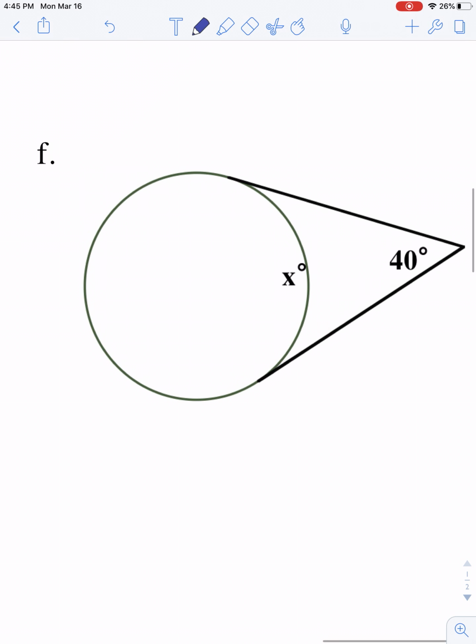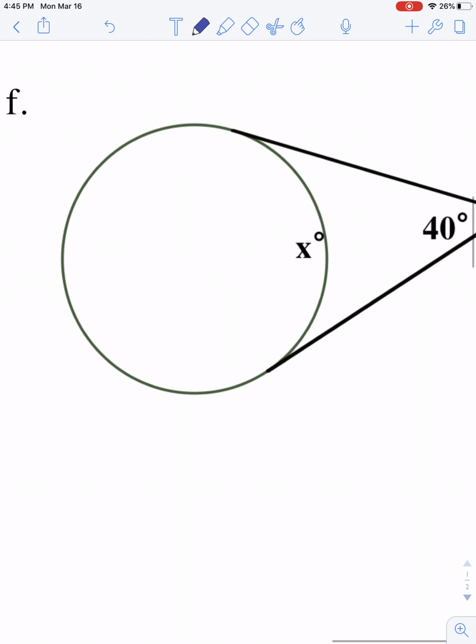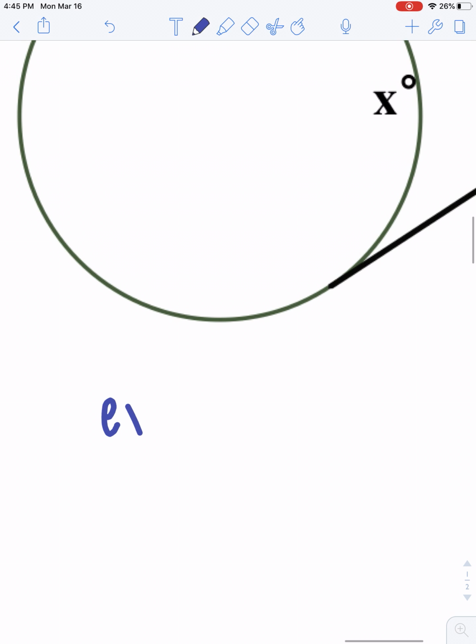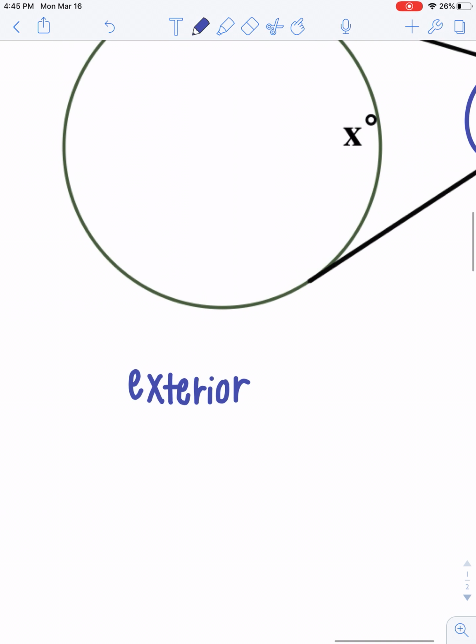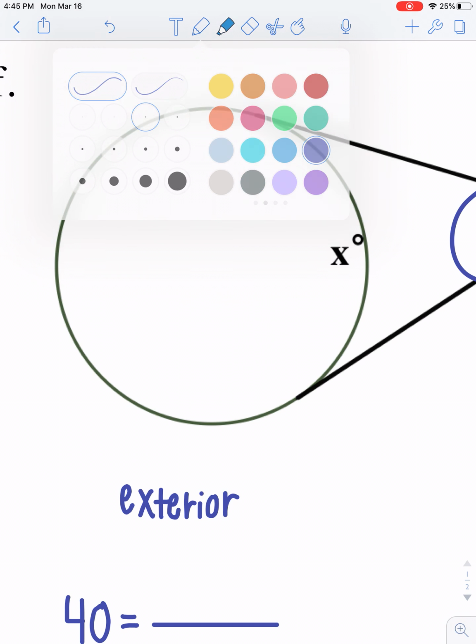Now lastly, looking at F, we are given a point outside the circle, meaning that it's an exterior angle. We know that the measure of the exterior angle is equal to half the difference of the two intercepted arcs.